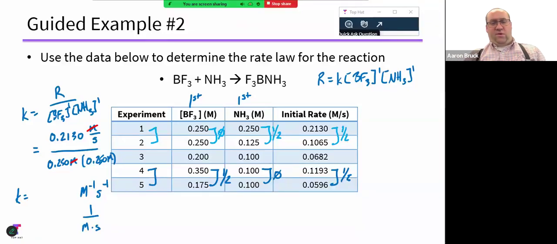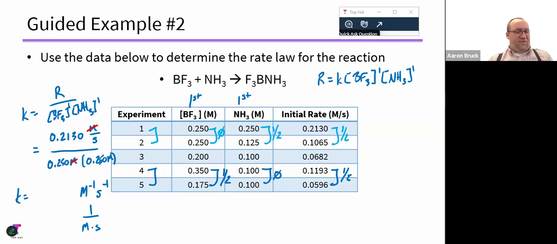What's the numerical value? 0.2130 divided by 0.25 divided by 0.25 to three significant figures, 3.41.